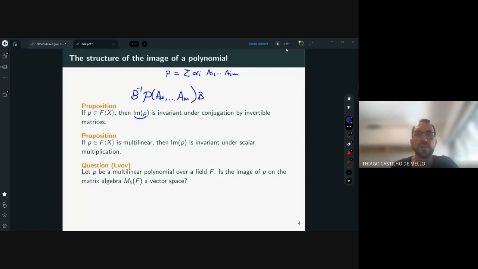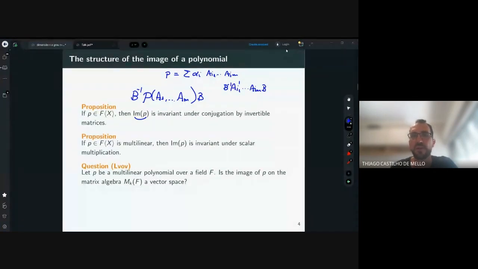So when you conjugate this P by this matrix B, we are doing this for each monomial. So we get this, but we can put B minus 1, B minus 1 in between each pair of matrices here. So we are going to get this.